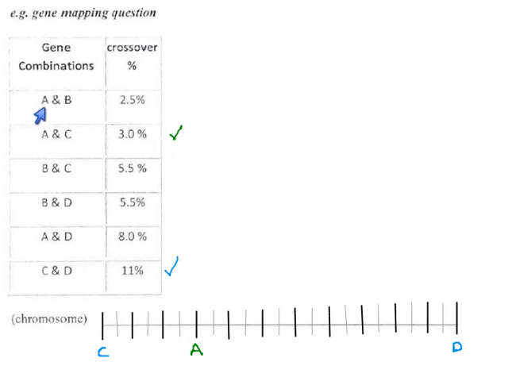Now that we know that, can we try A and B? Now, something else is going to happen. We'll see in a second. This says genes A and B are 2.5 units apart, but here's a problem. Starting from gene A, we could go 1, 2.5. We could put B there. We'll put B question mark.